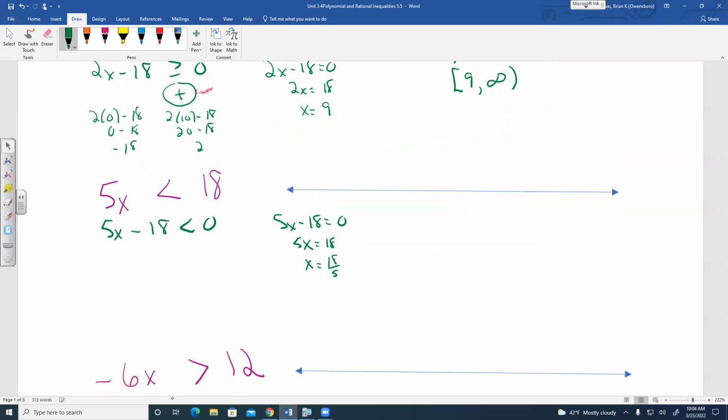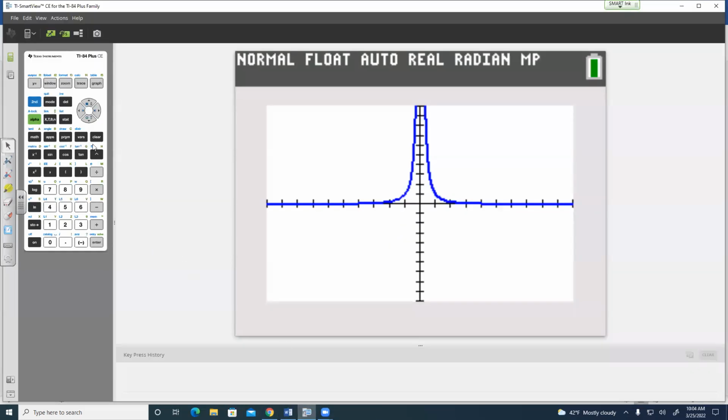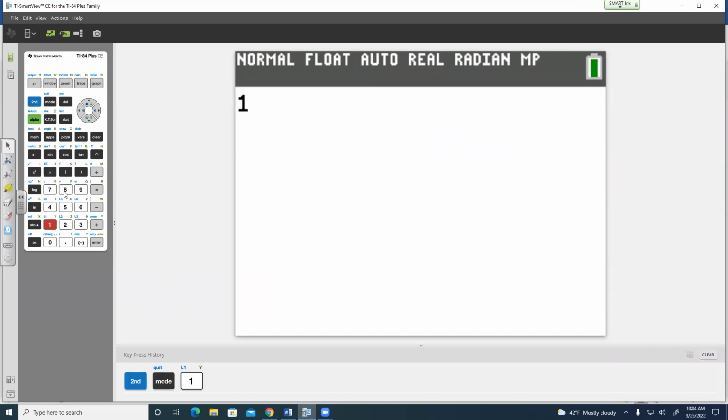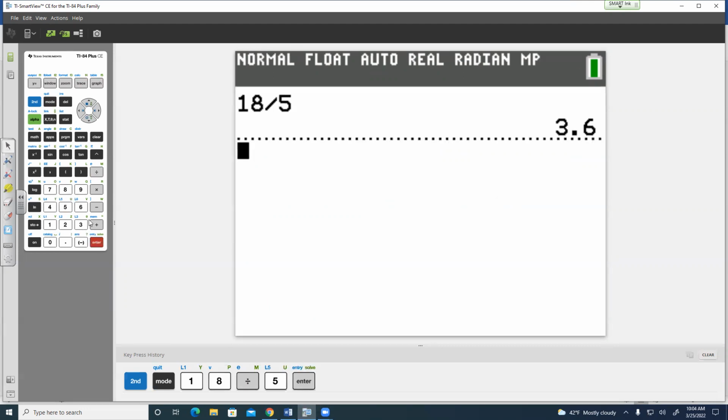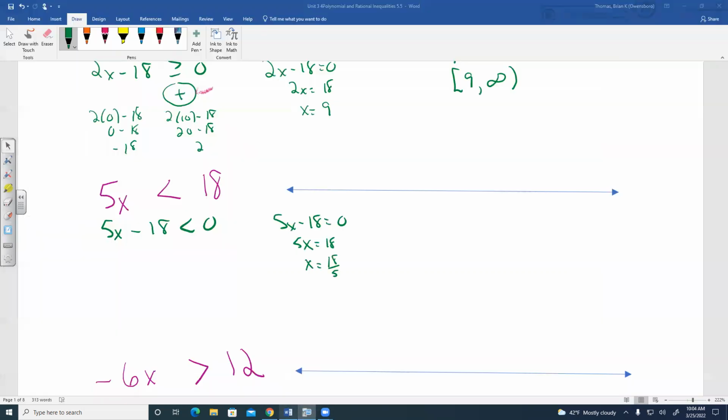So I have 18/5. If we want, we can leave it as that. But as far as understanding it better, we may want to look at what that looks like as a decimal. So if I go to this graph and hit 18 divided by 5, we see that we get 3.6.